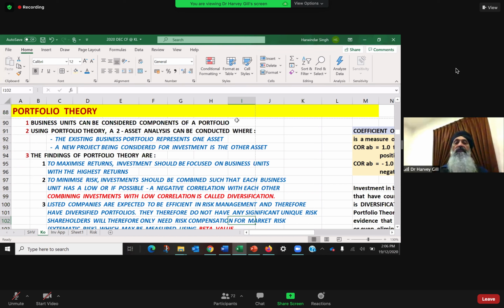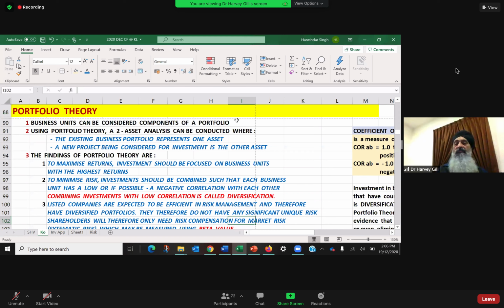You must also consider the risk relationship of the new investment with your existing business. So your existing business is a portfolio and is considered to be one asset, and this new investment that you want to bring in will be the second asset, and hence the term two asset portfolio.